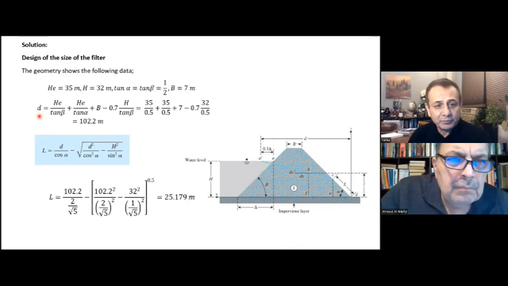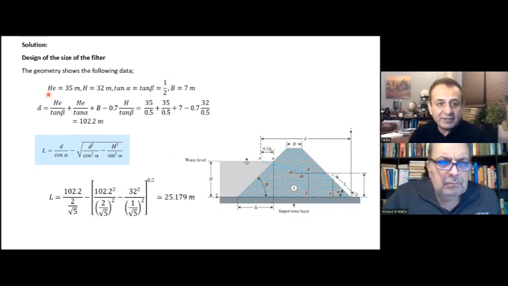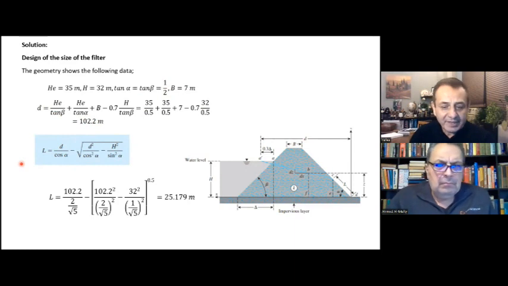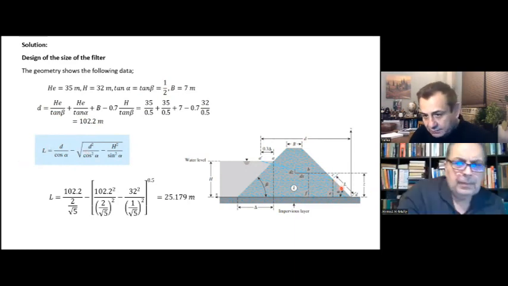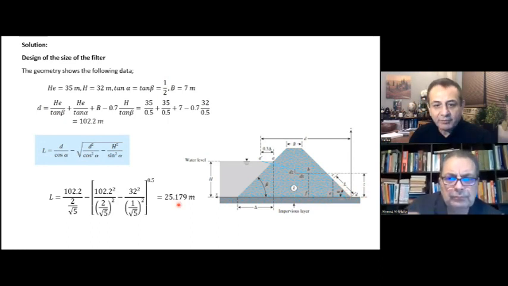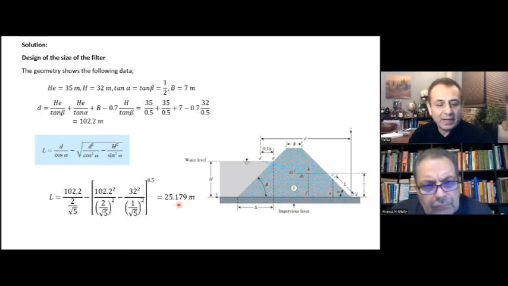So we apply the equation for D, and that gives me D equal to 102.2 meters, the horizontal distance to the theoretical start of the phreatic surface. With the D value, going to the Dupuit equation for the seepage face L, plugging in the values, we get L to be 25.18 meters. Any questions so far?